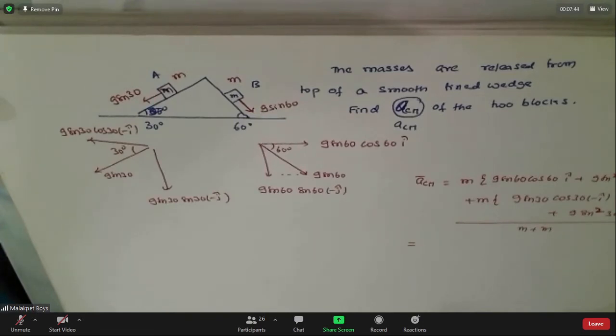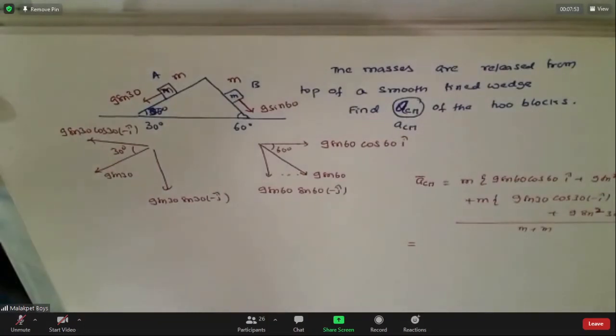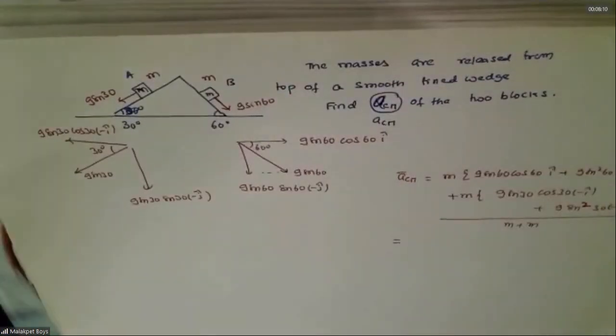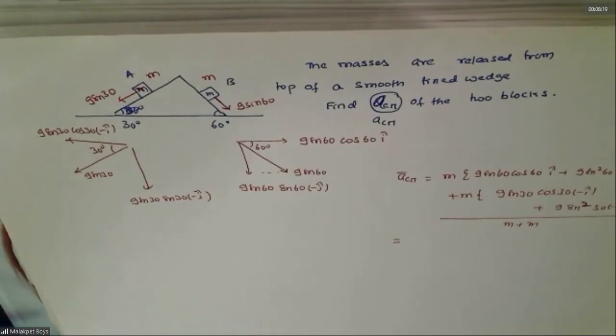Finished? One minute, sir. Complete. Sir, I am getting 10 root 3 plus 20 by 4, sir. No, g by 2.